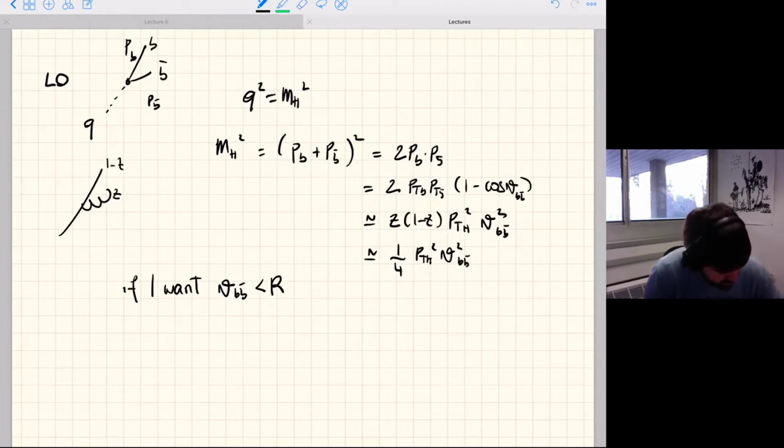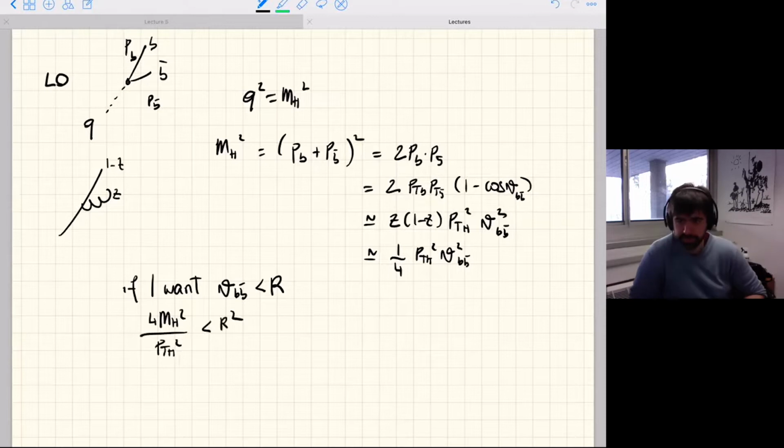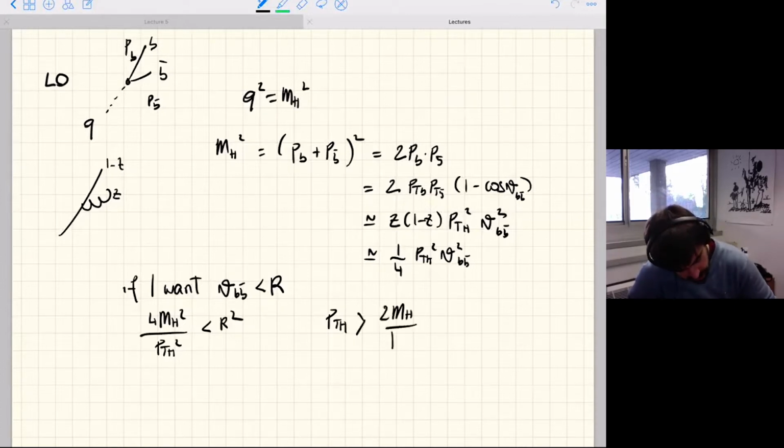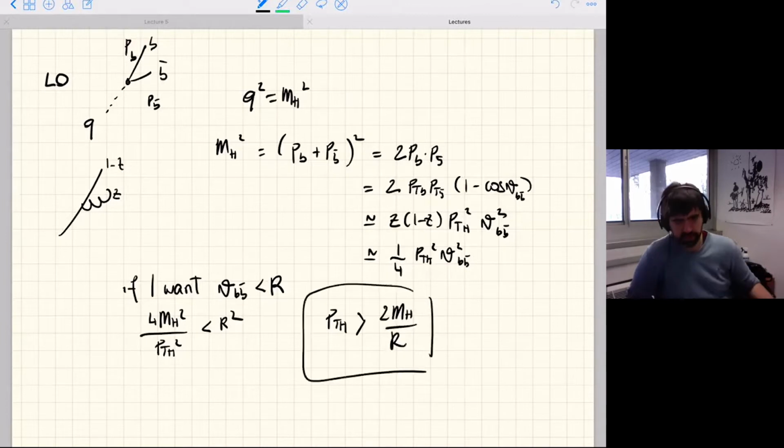What I have is that m_H squared times 4 divided by p_T Higgs squared should be less than R squared. And so I have to look at Higgs with transverse momentum bigger than twice the Higgs mass over R, if I want to reconstruct the decay products of the Higgs in one jet. And that's the boost condition that I want to satisfy.